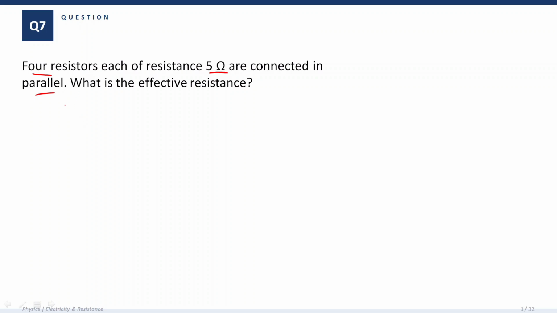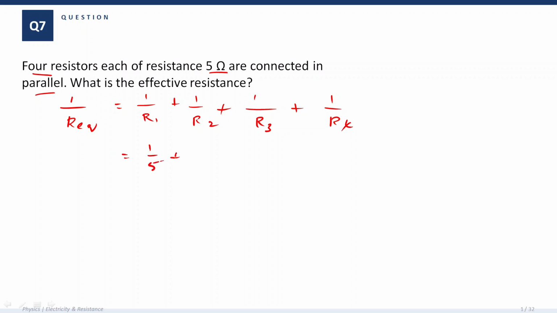The same formula we'll use: 1 by R equivalent equal to 1 by R1 plus 1 by R2 plus 1 by R3 plus 1 by R4, that is 1 by 5 plus 1 by 5 plus 1 by 5 plus 1 by 5.